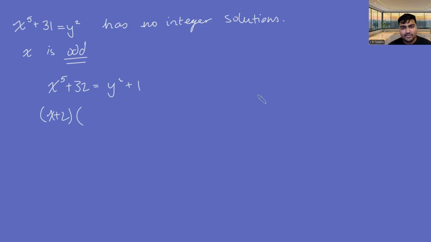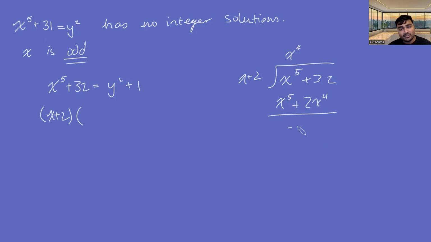Okay, now you can do long division here. So in fact, I might just do this on the side here. x^5 + 32, I want to divide that by x + 2. And so I'm going to get x^4 first, and x^4 is going to give me x^5 + 2x^4. Subtract those from one another, so I get -2x^4 + 32. Minus 2x^4, so that's going to be -2x^3 up there. And so I'm going to get -2x^4, and then -4x^3. So subtracting those gives me 4x^3 + 32.